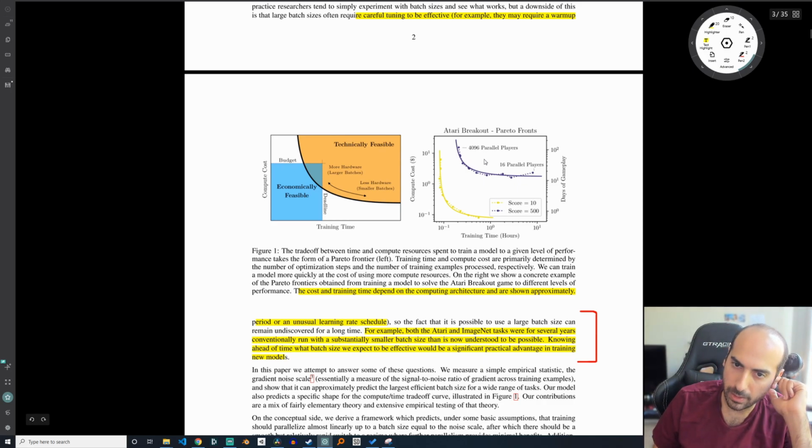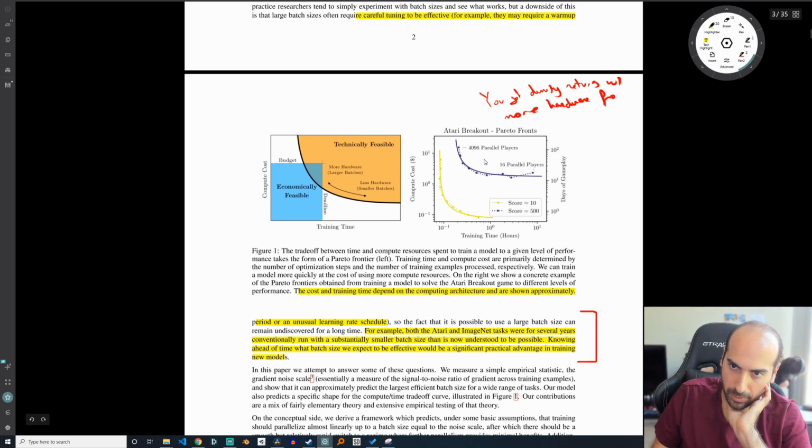So basically, you get diminishing returns with more hardware for high task performance.